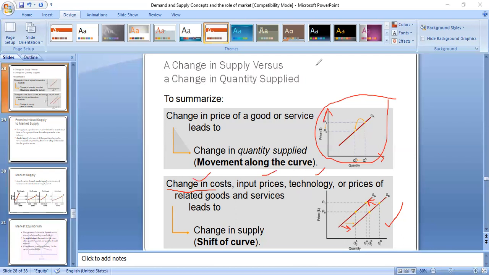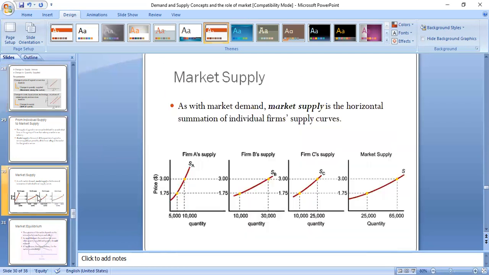So by now, I believe that we can distinguish between a change in supply and a change in the quantity supplied. And we can also distinguish between a change in demand and a change in the quantity demanded, right? We also have the market supply curve and individual supply curve.